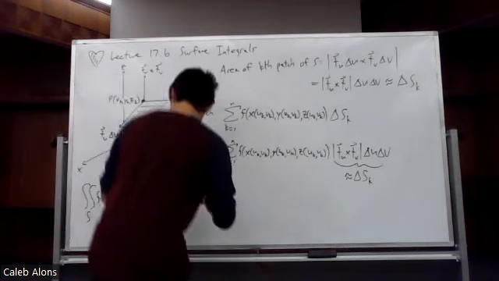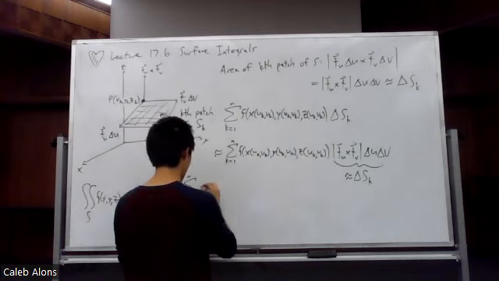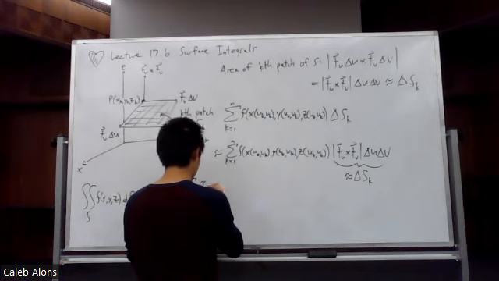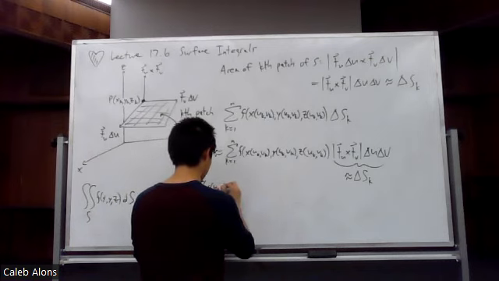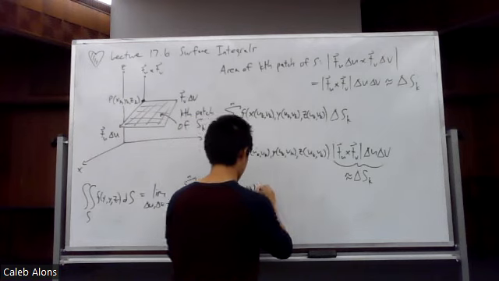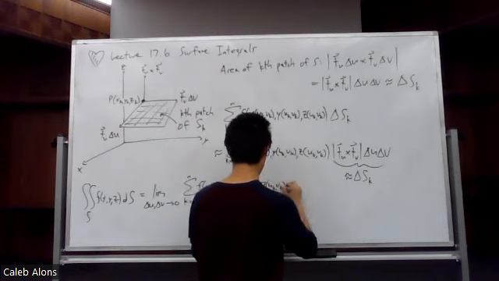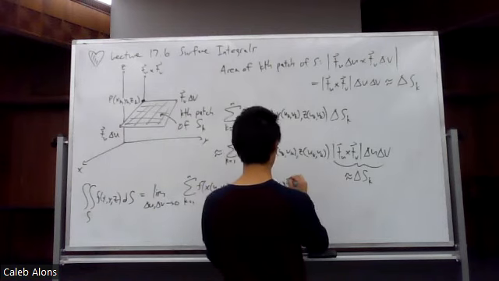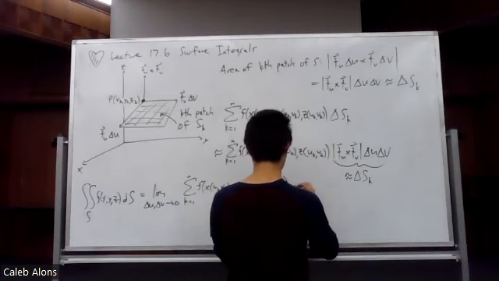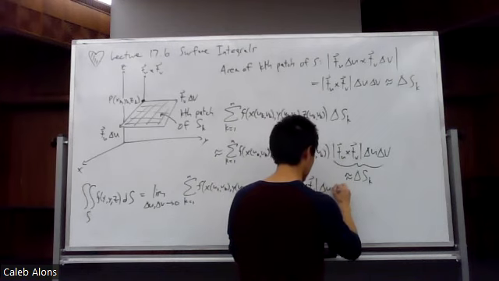And so we've got the limit of this sum, k equals 1 to n, of f of x of uk, vk, y of uk, vk, z of uk, vk. I keep saying UK, I'm going to summon Dr. Lang into this class. And then the differential is the TU cross TV delta U delta V.